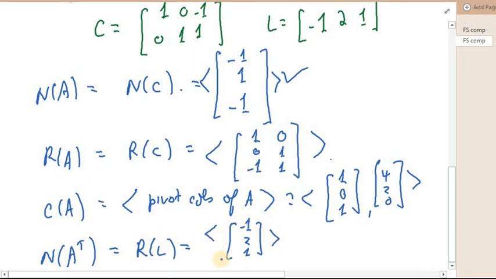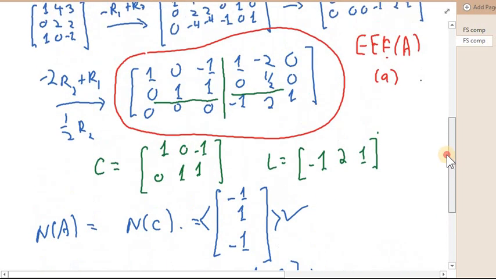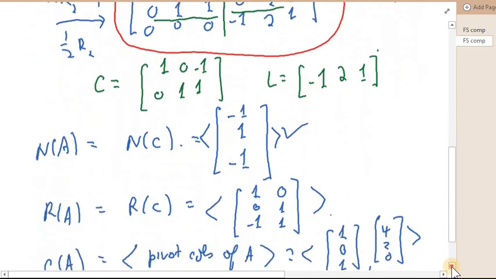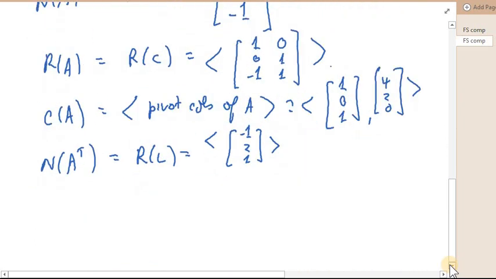But in order to verify this, what you would do is multiply the row vector minus 1, 2, 1 on the left of A. We could either do that or do the null space of A transpose. So let's check the null space of A transpose.